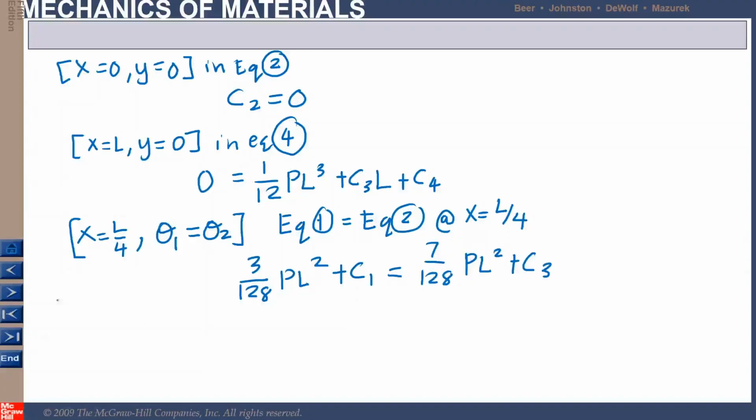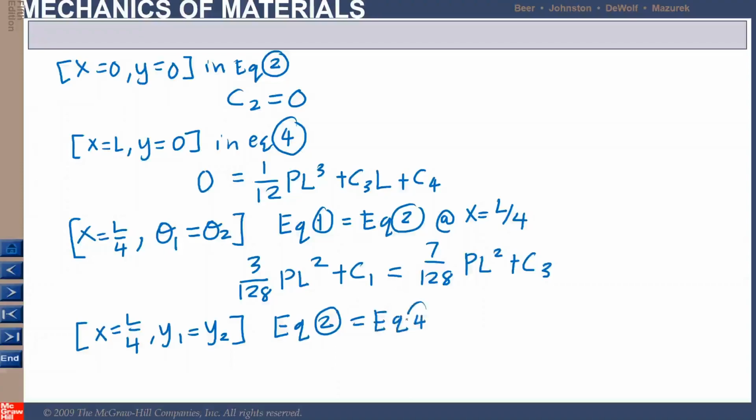And we can put the fourth boundary condition, in which at x equal to L over 4, y1 is equal to y2. So equation 2 is equal to equation 4 at x equal to L over 4.